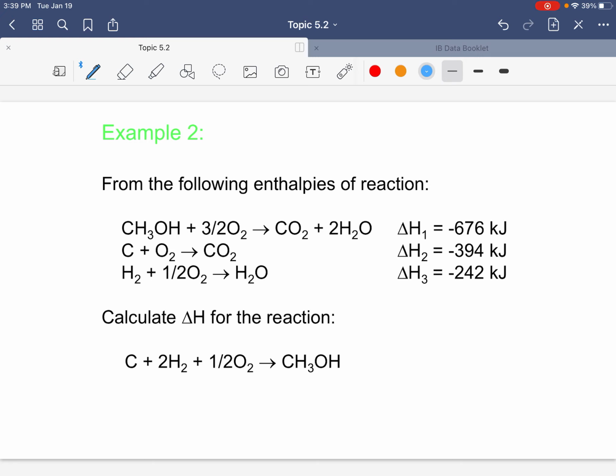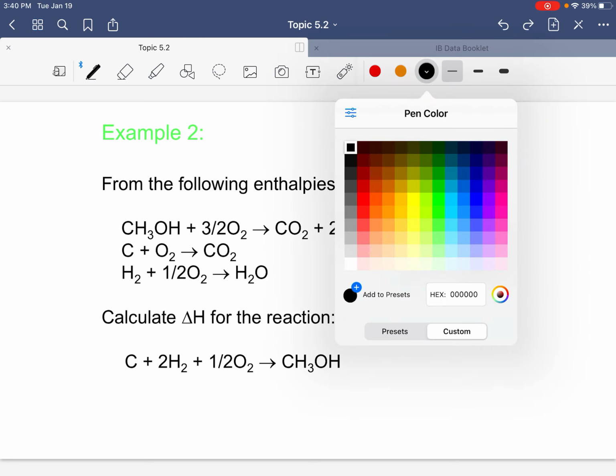Right now. Tell you right now that you need to flip this. That's pretty obvious, because methanol, CH3OH, needs to be on the right side. So, to do that, I need to get rid of you.